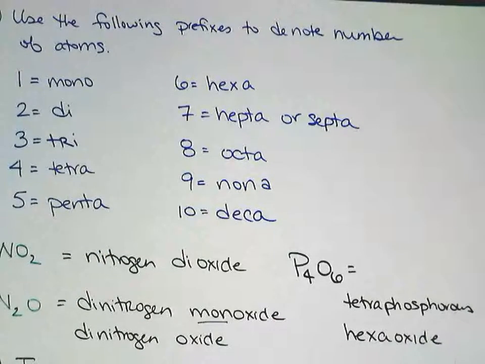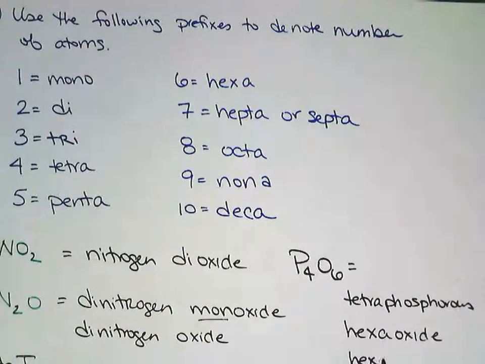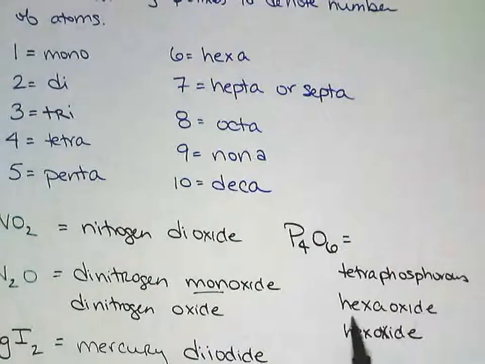So sometimes it's hexaoxide, or just hexoxide. I think in the homework it takes the A out. Yeah, it's weird. So probably just one vowel, unless it's a double I. Double I seems to be okay.